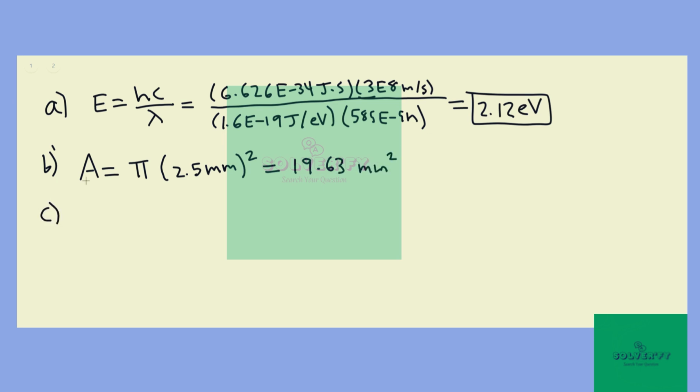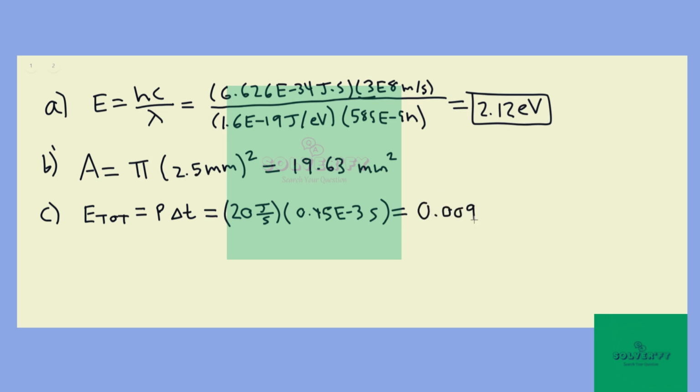Okay, now for this last part, to determine the number of photons per area, we need to first determine how many photons are in our beam, which means we need to determine the total energy of that beam. So the total energy of our beam is simply the power times the time duration, P delta T. So 20 watts is 20 joules per second, times our delta T of 0.45 e to the negative 3 seconds, giving us a result of 0.009 joules.